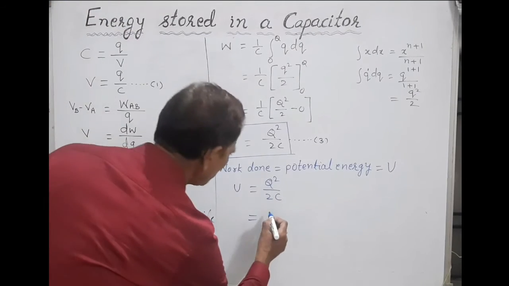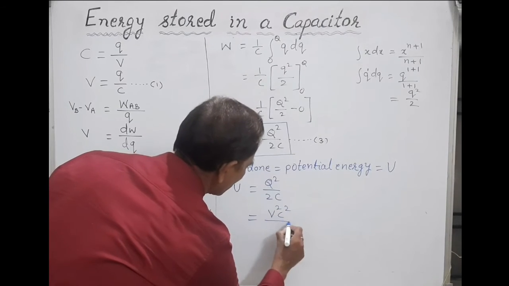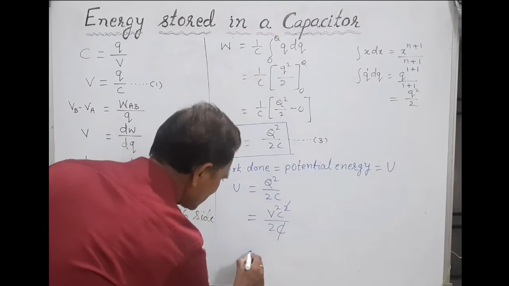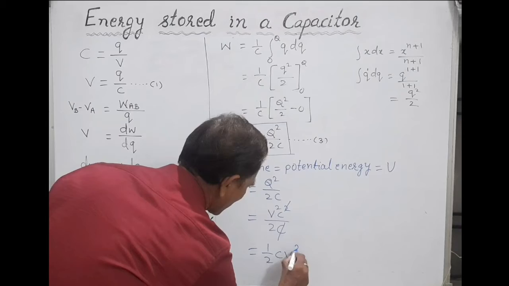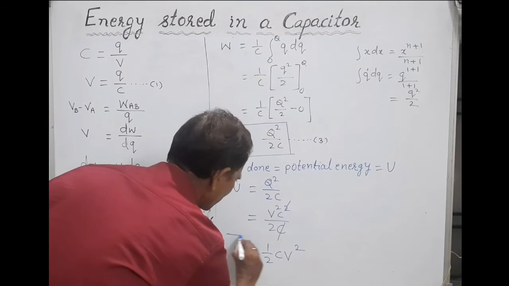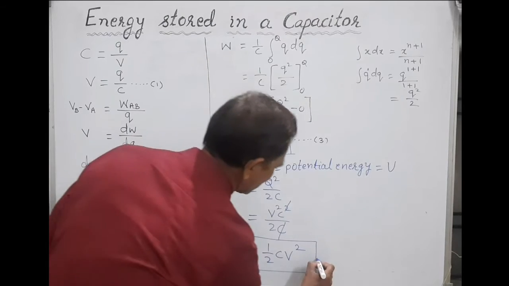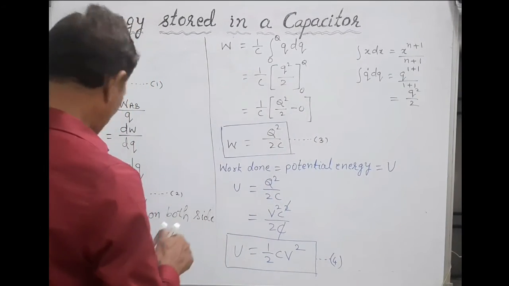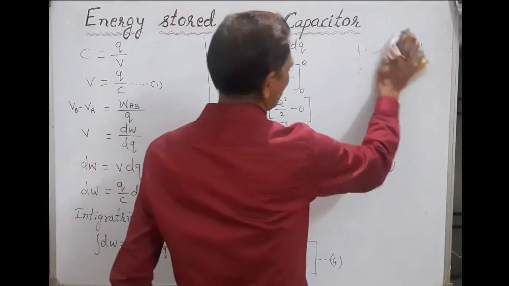Q is equal to CV, so U is equal to V square C square divided by 2C. C cancels, we get half CV square, which is a general equation for energy stored in a capacitor. This is equation 4. And we get another equation for energy.